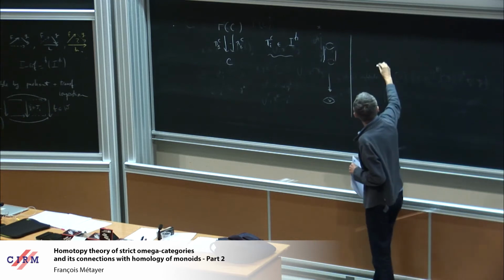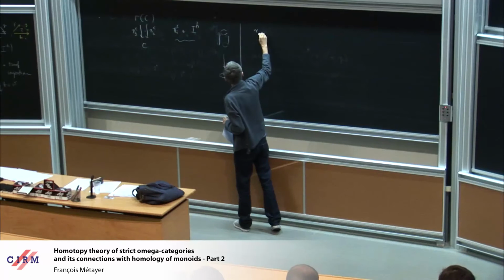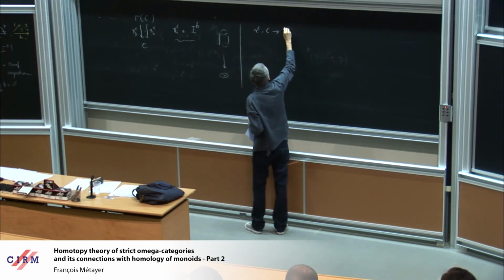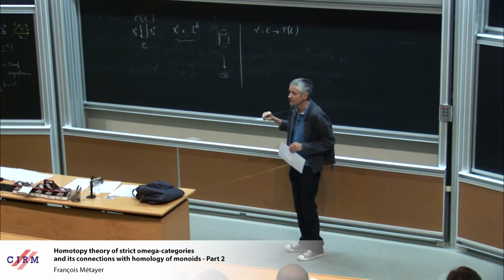On the other hand, the trivial cylinder, tau C, from C to gamma of C, is a weak equivalence.